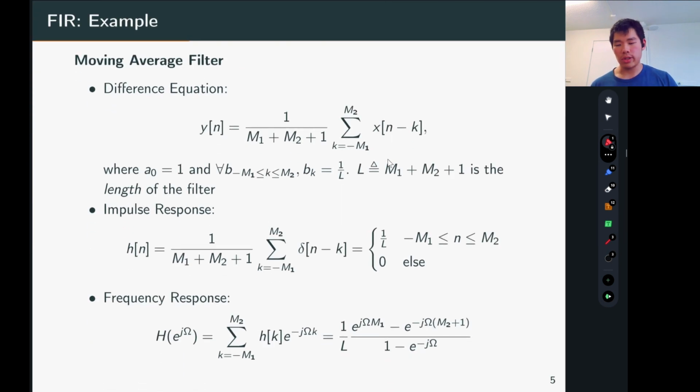And to get the frequency response, we write H of e to the j omega. This is the formula for that. It's the impulse response times e to the minus j omega k. And h of k we can pull out since it's just a constant 1 over L. And to sum all of these up, using the sum of the finite geometric series, we get this. This is the general form.